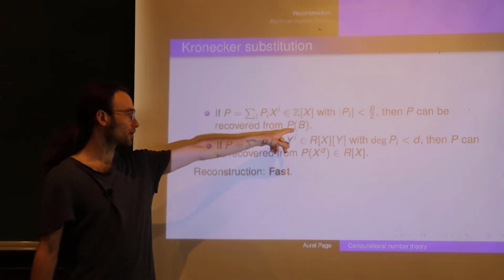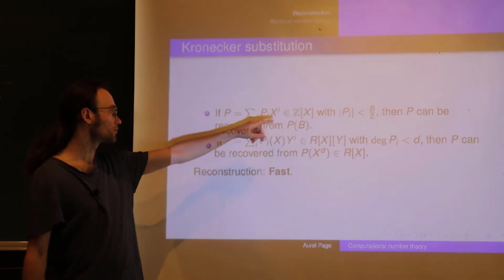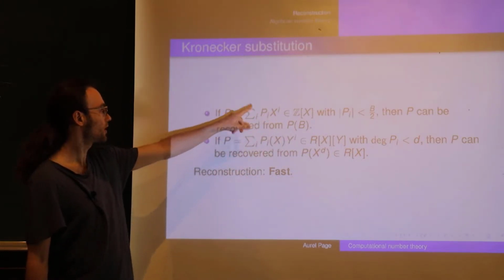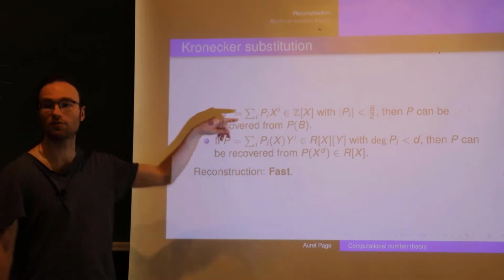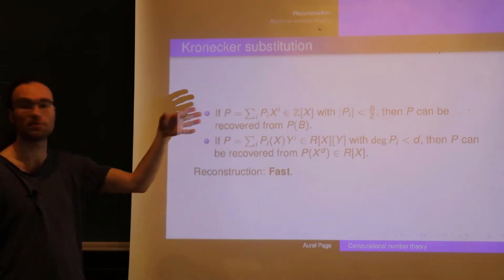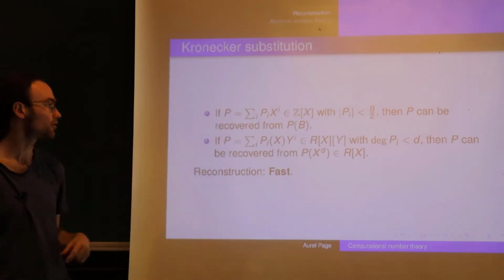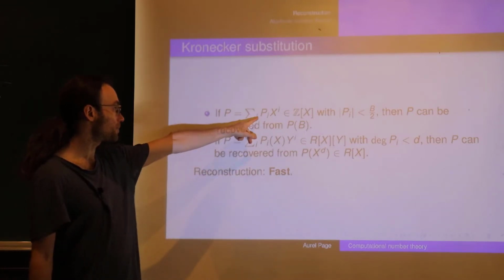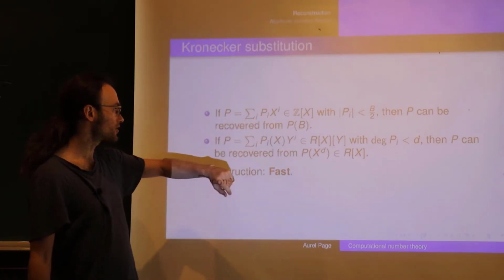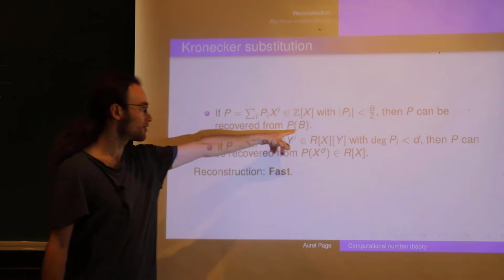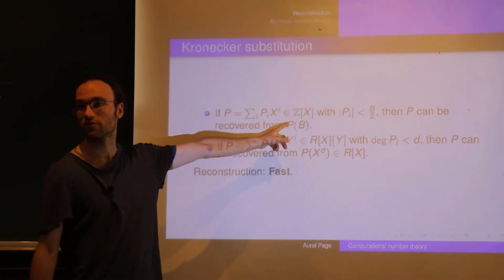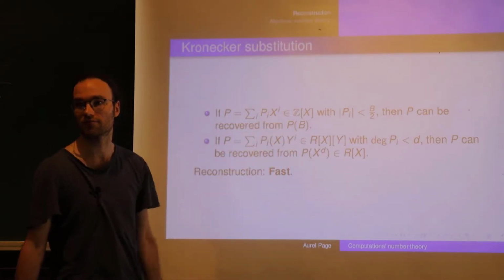Let's say for simplicity that the p_i's are between 0 and b minus 1, that would be slightly simpler, then these p_i's are just the digits in the base b expansion of this integer. So you recover the coefficients like this.